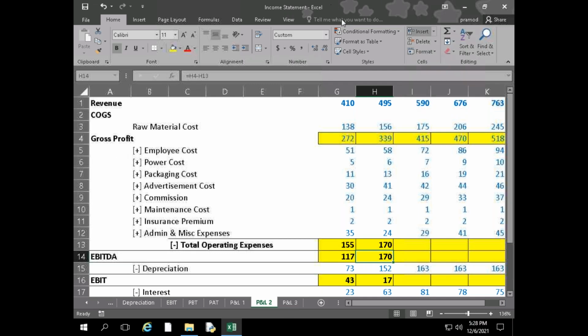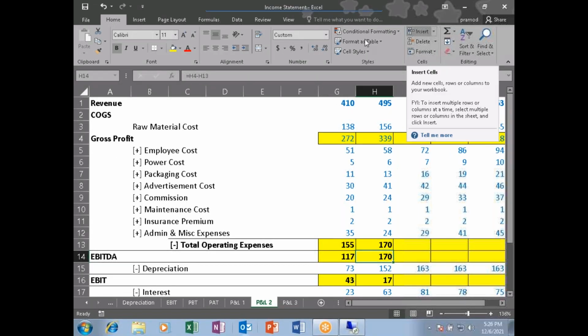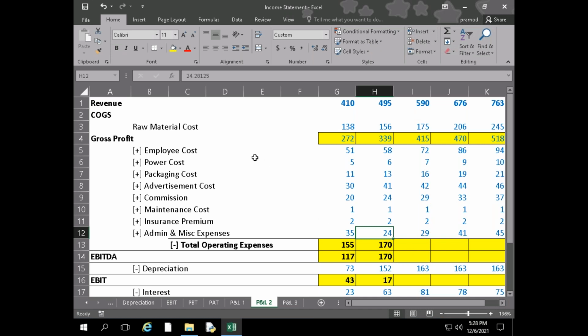If you have a decimal, you decrease that decimal. If you increase it, it will become 169. Or else you can make it General.